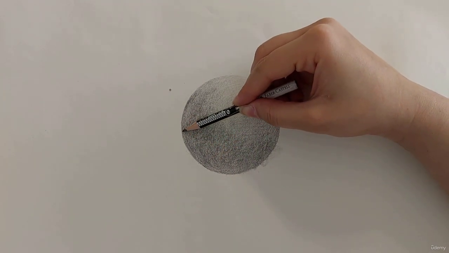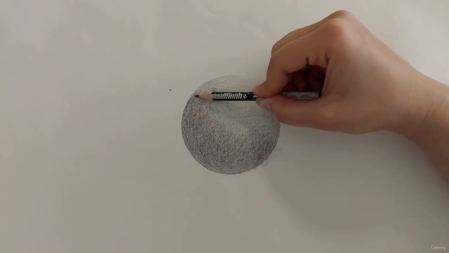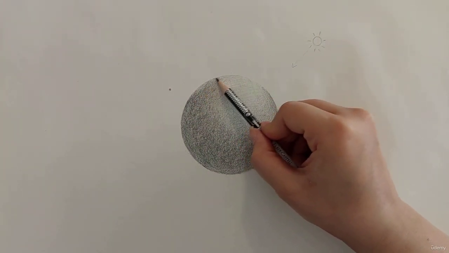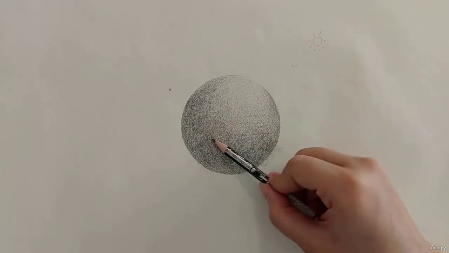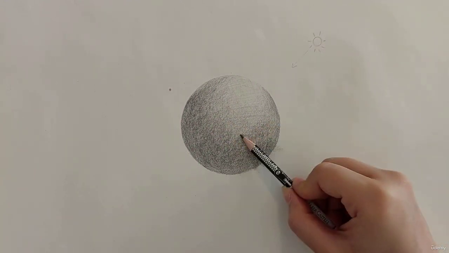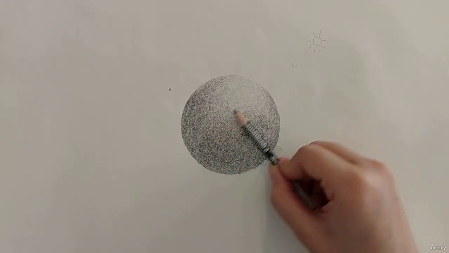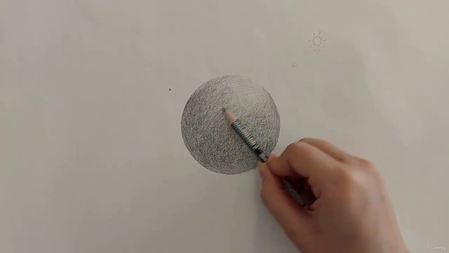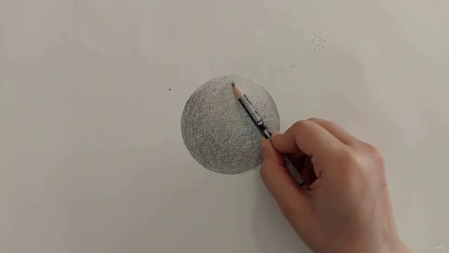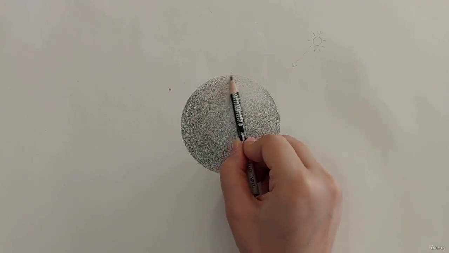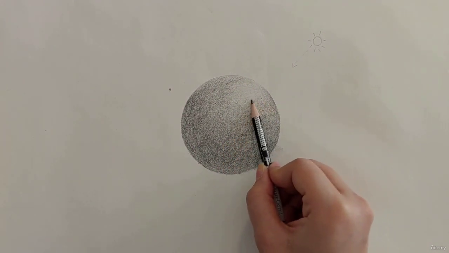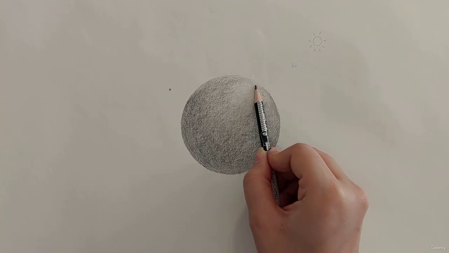And then as I move toward the light, I decrease my hand pressure so that my shadings would actually get faded in the light. See? It's exactly what I'm talking about.